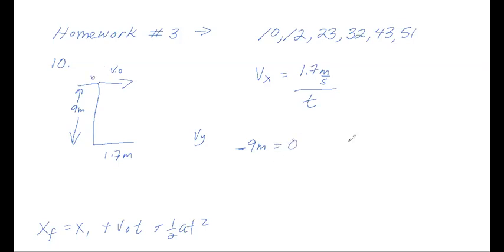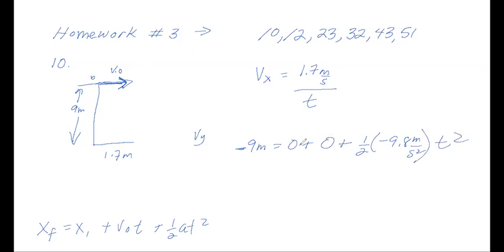Equals 0 plus, she just leaps out in this x direction, so she doesn't have any downward velocity. So v naught is going to be 0, plus 1/2 times negative 9.8 meters per second squared times t squared.